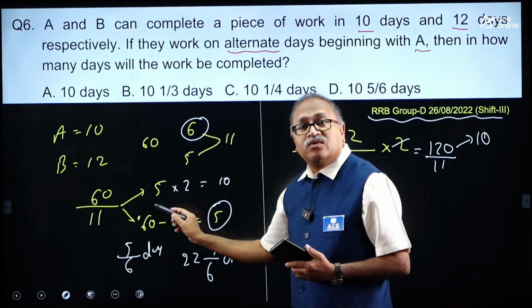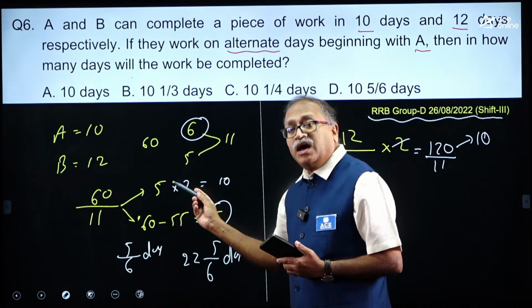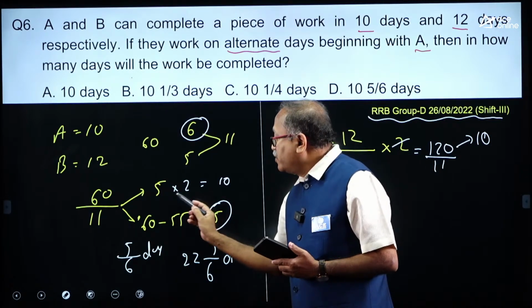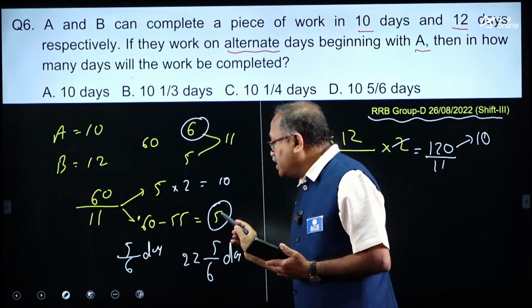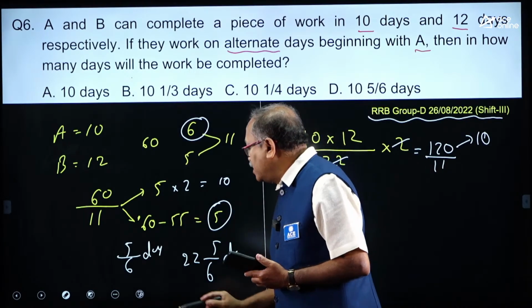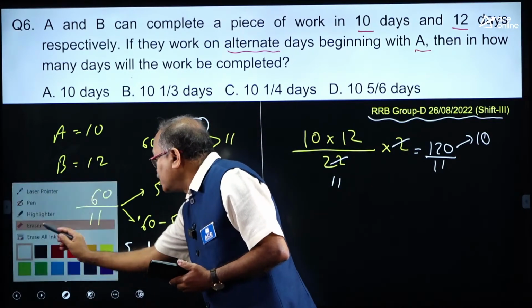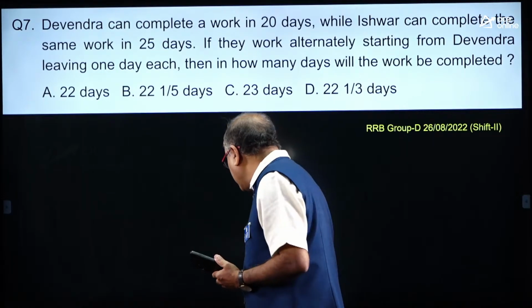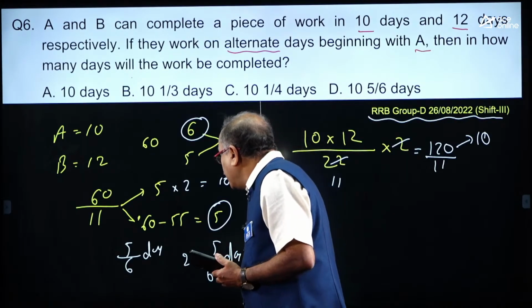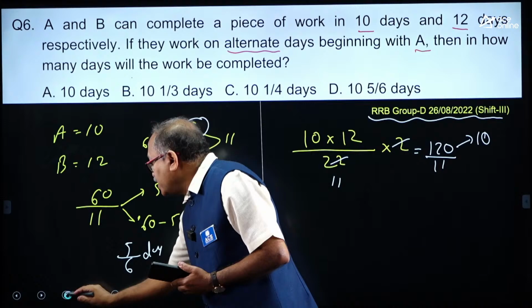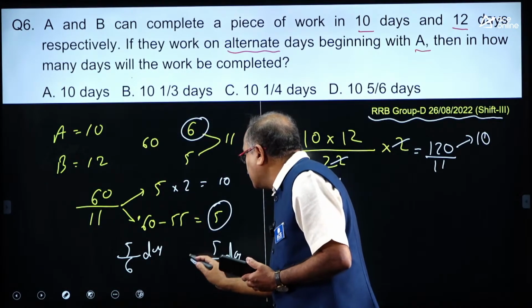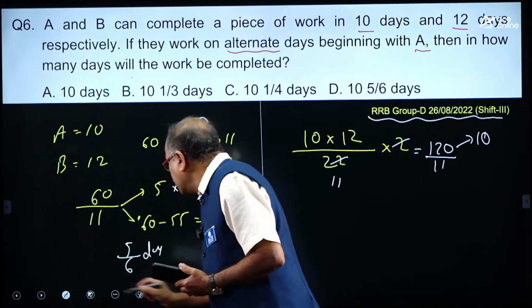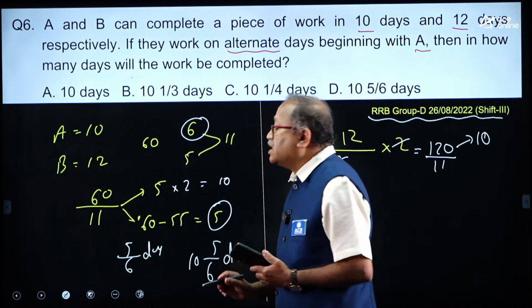It is 5 days, but as this is 2 days of work, therefore 5 into 2 is 10, and then comes 5 by 11. So this should be the approach, and that is how all my competitors will follow. That is where we are trying to change this one. So this is 10 5 by 11. That is 10 5 by 11 is the answer.